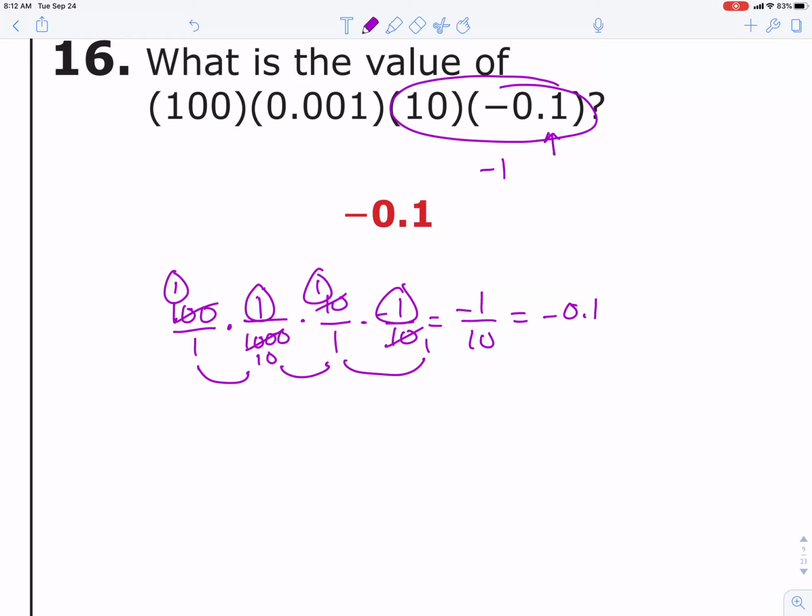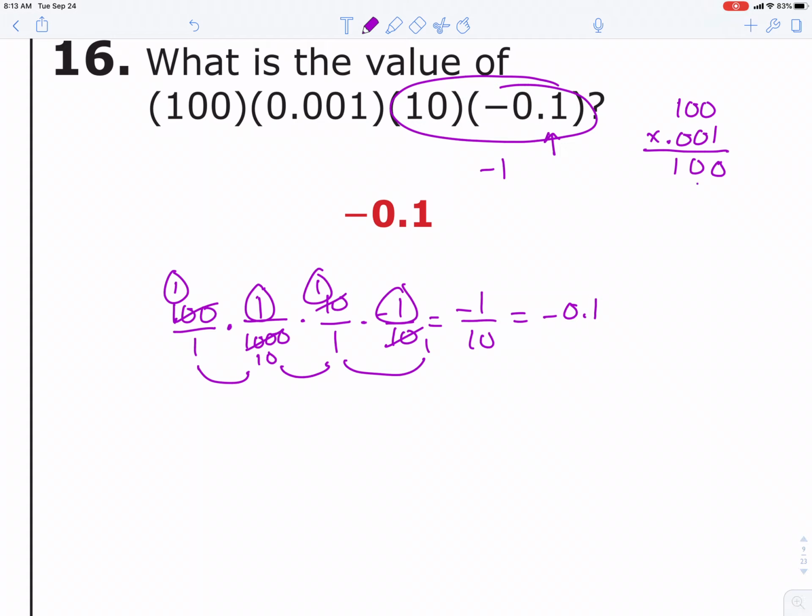1,000th of 100. Well, that's kind of hard. If I multiply, let's go ahead and multiply 100, and we don't have to line anything up, but we got 0.001. Let's try that. 1 times 0 is 0, 1 times 0 is 0, 1 times 1 is 1.